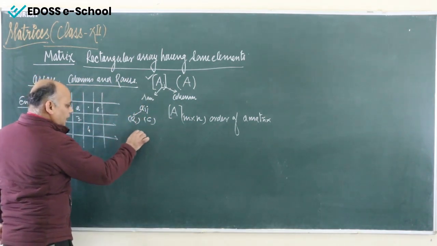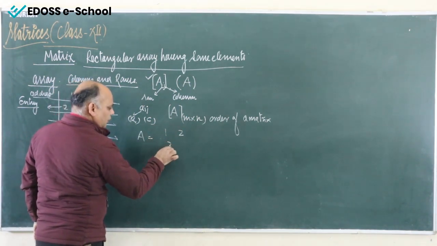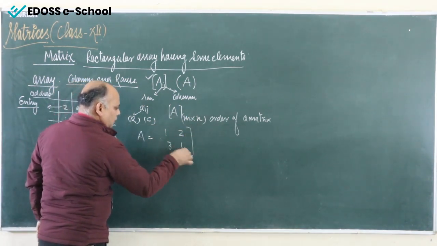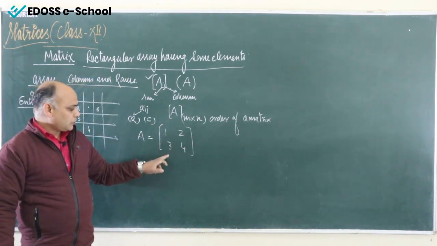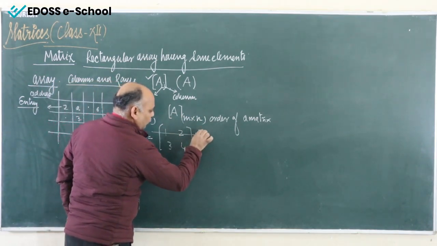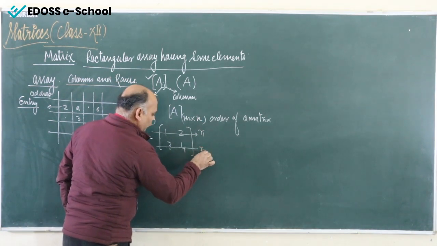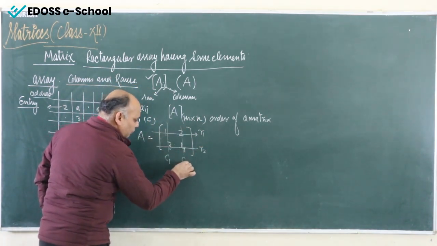Suppose A equals 1, 2, 3, 4. Then this complete line is called a row. This is row 1, this is row 2, this will be column 1, and this will be column 2.